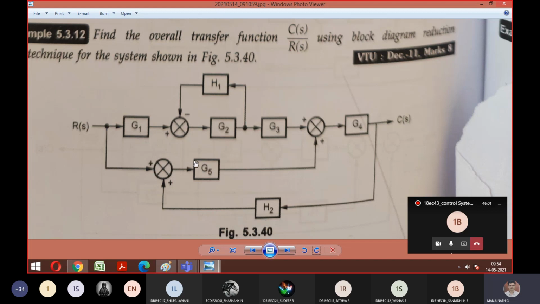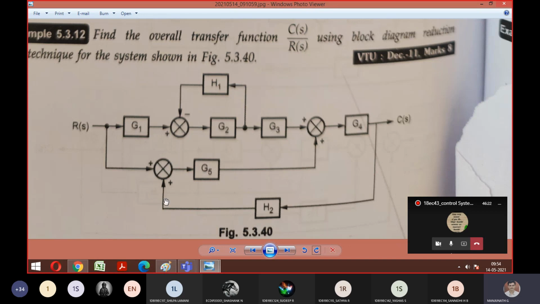So if I split this, and connect only to this single summing point, anyhow it is plus, it is like 1 into G5, this connection. Similarly, G5, H2 to this connection. Splitting of this feedback path along with summing point.